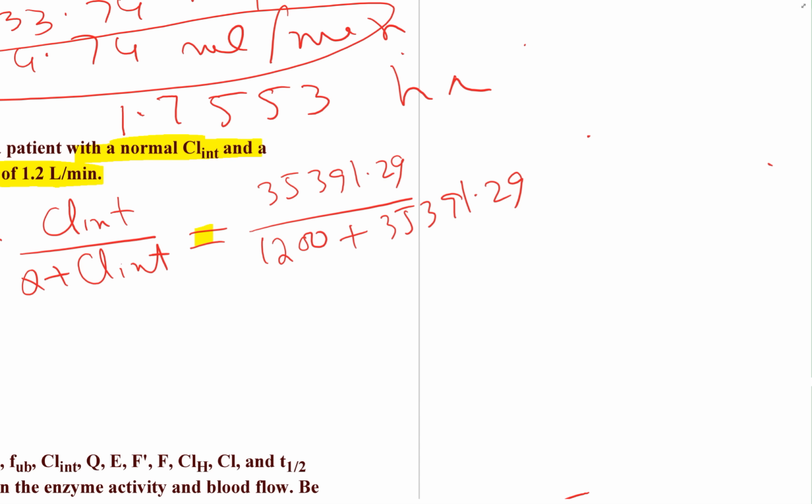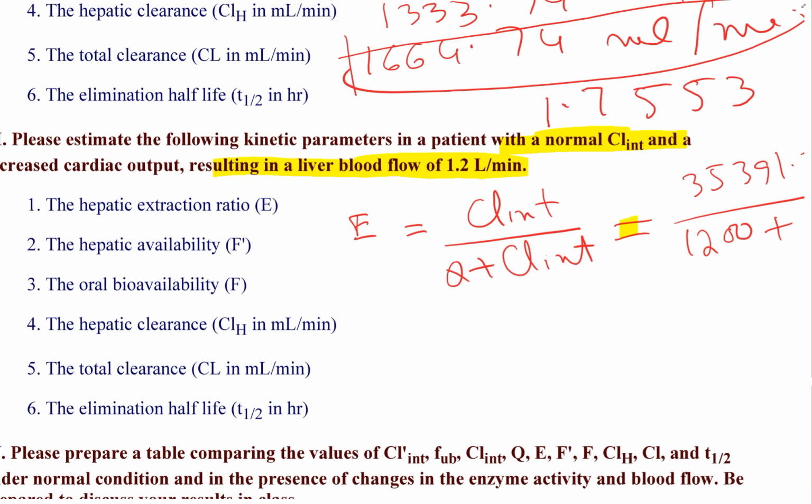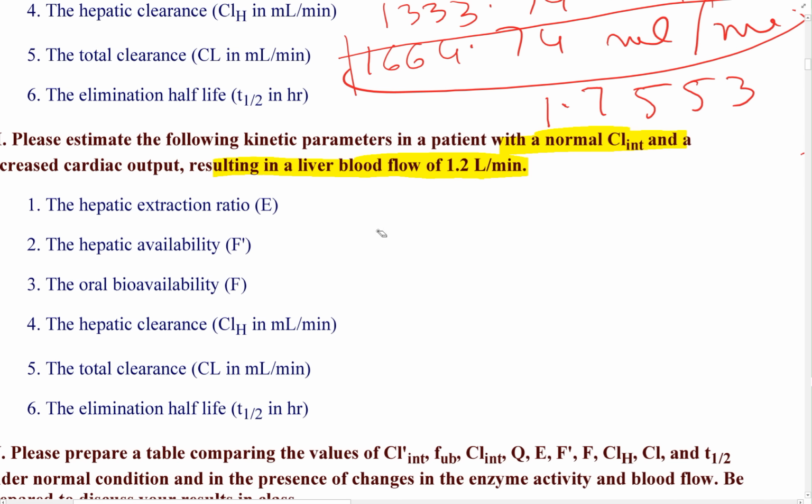So our new hepatic extraction ratio should be 0.9672. I think the rest of them are going to be very easy once you know this calculation. So we have our new hepatic extraction ratio is 0.9672.